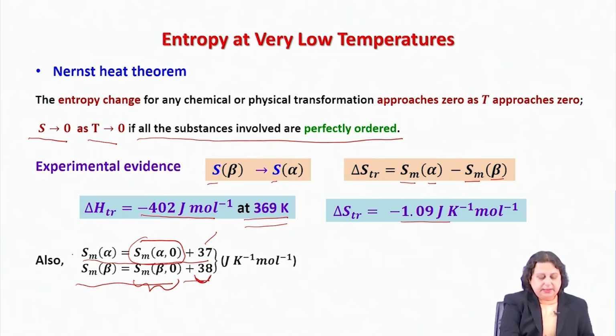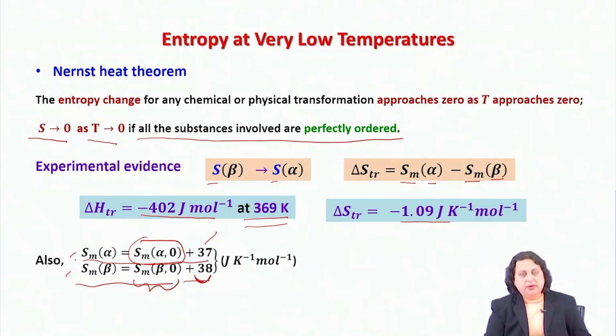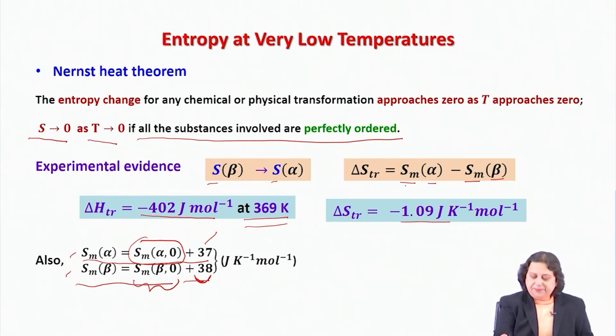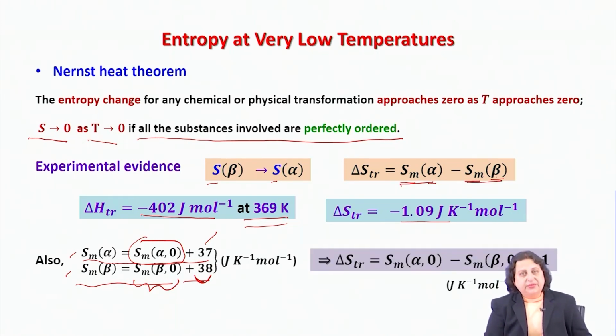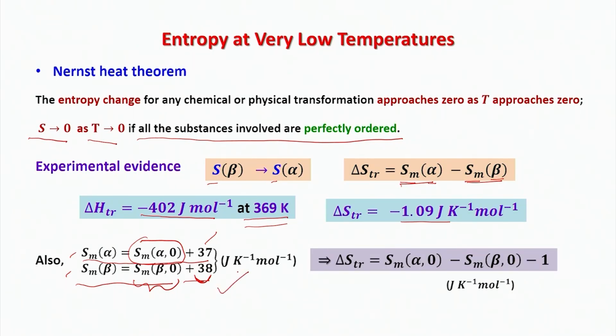So now I can combine these two values and find out what delta S of transition is, which is Sm alpha minus Sm beta. When I calculate that from this estimate, delta S transition, Sm alpha minus Sm beta, turns out to be minus 1 joule Kelvin inverse mole inverse.